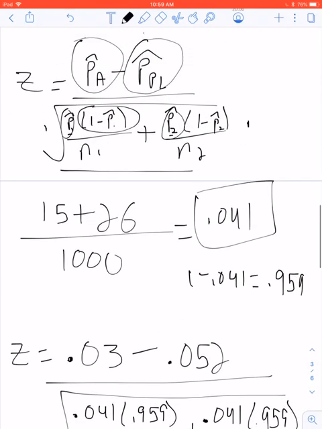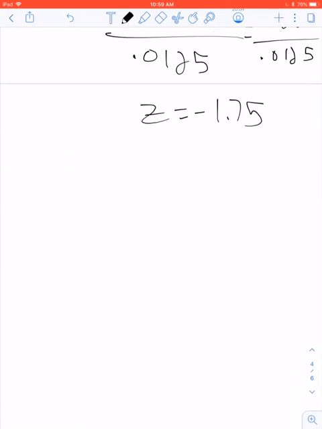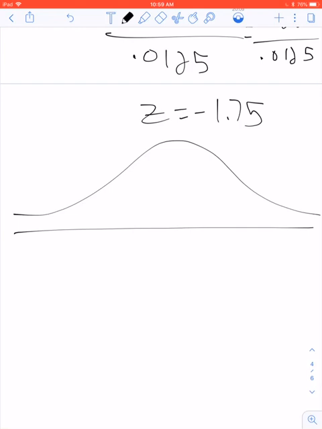So if I come back here, let me just redraw this distribution for us. Here is my sampling distribution if I were to take the proportion of people who get cancer when they take aspirin every day and subtract from it the proportion of people who get cancer when they take a placebo every day, and I were to do that many times, and I were to plot all the results, okay?